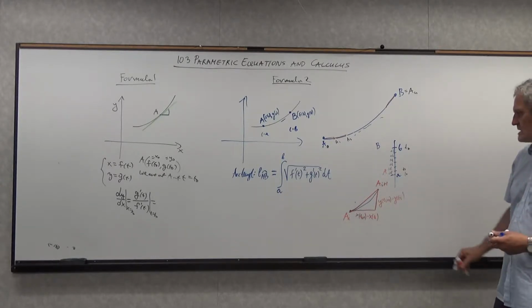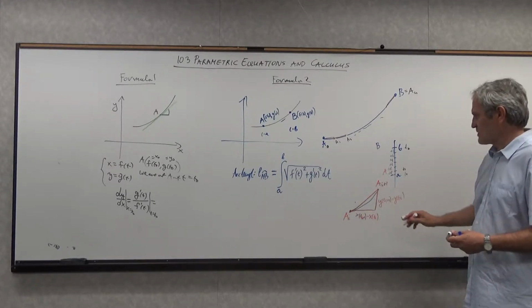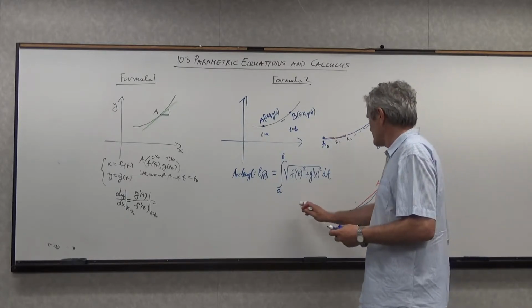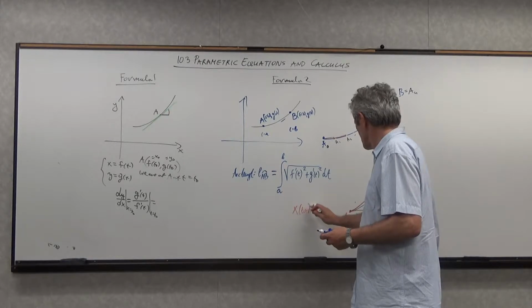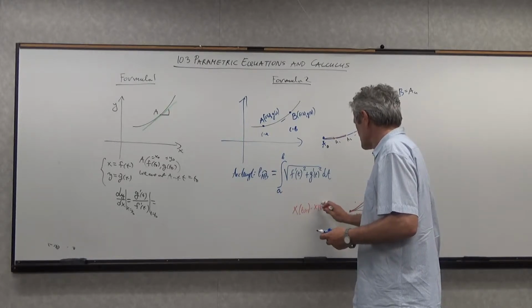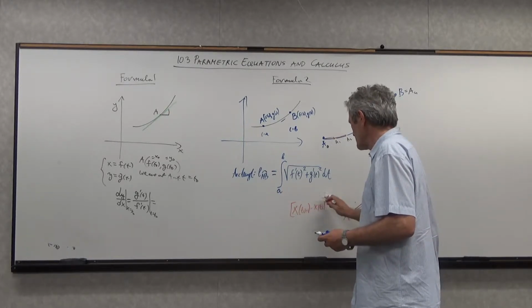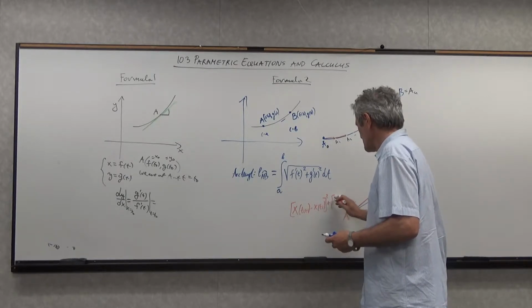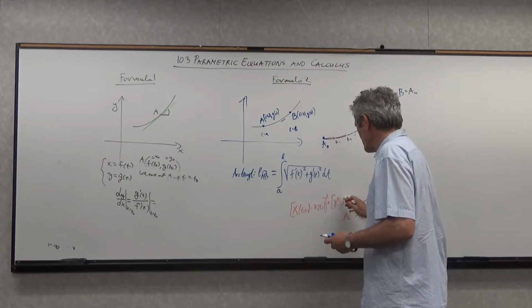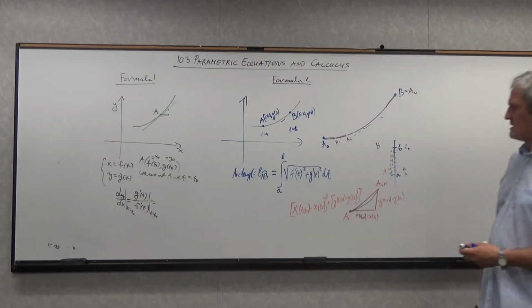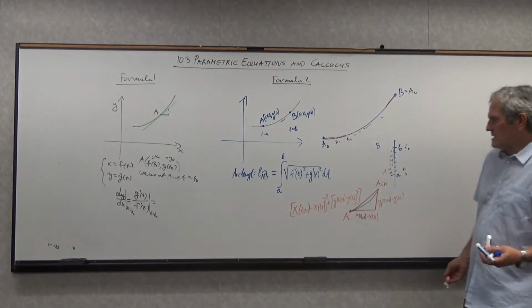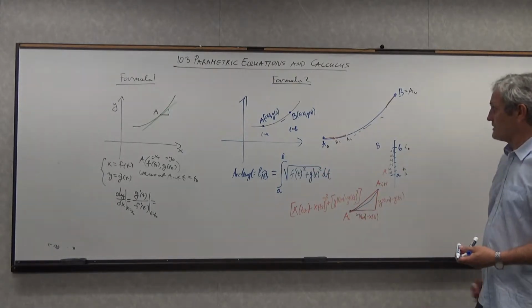And generally we just get the Pythagorean theorem. So we get the following expression: x of t(i+1) minus x of ti, squared, plus the same thing, y of t(i+1) minus y of ti, squared, and the square root.